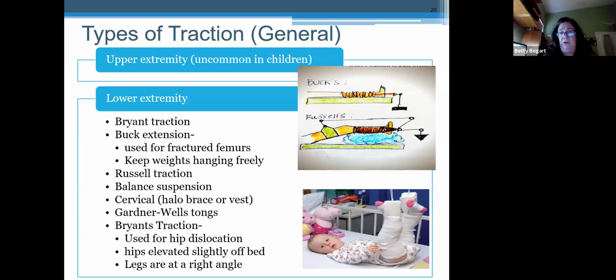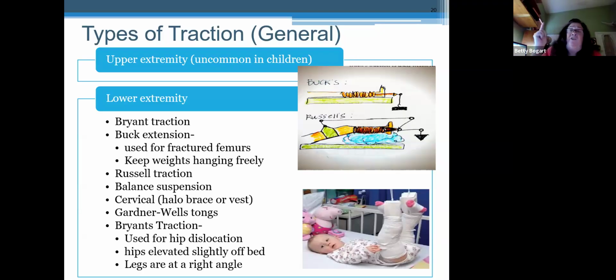And you're going to document in your nurse's notes how much weight is on it and that it's hanging freely. That means you have a constant pull, and that bone is going to maintain the approximation of its edges, which is what you really want. So that is Buck's.